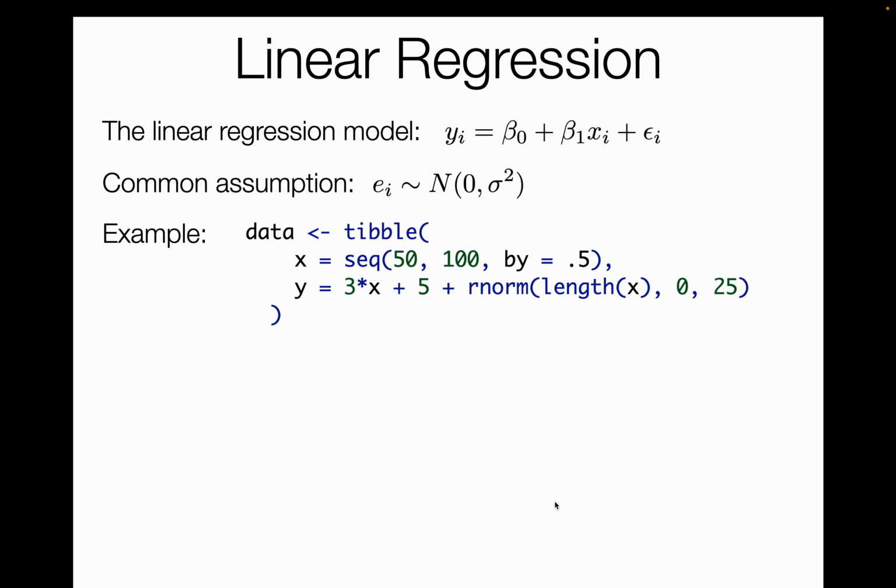But then I use rnorm, the random normal number generator, with a mean of 0 and a standard deviation of 25, and I need to make sure I have enough of them, so length of x there, and that gets me the picture that I showed you in the previous slide if I would ggplot that, okay?